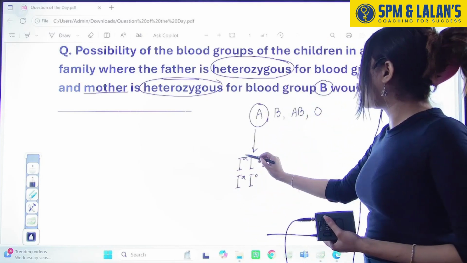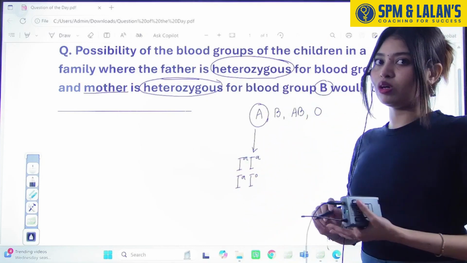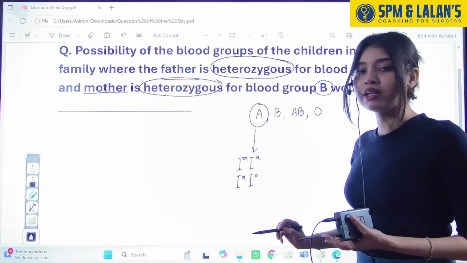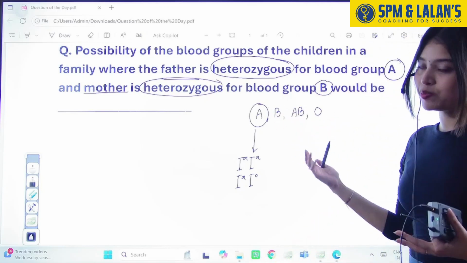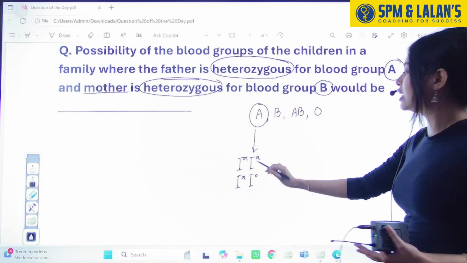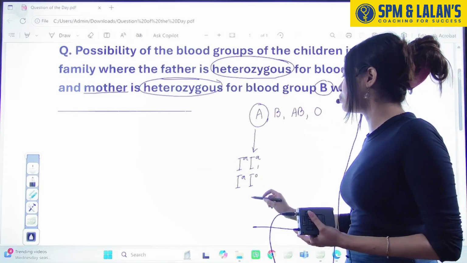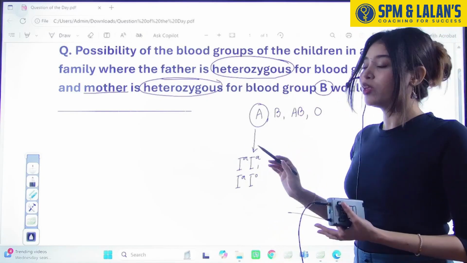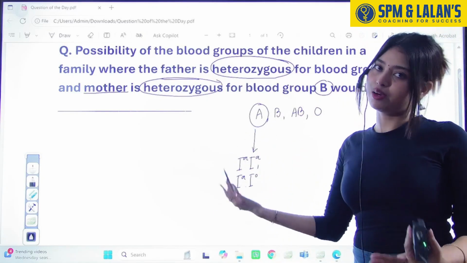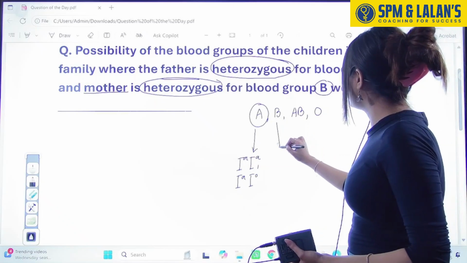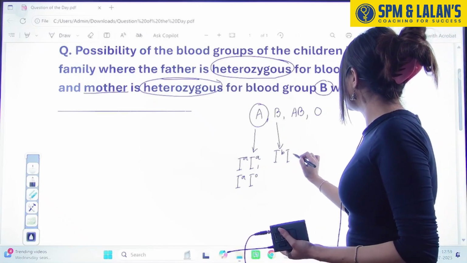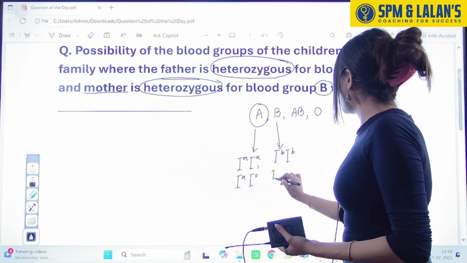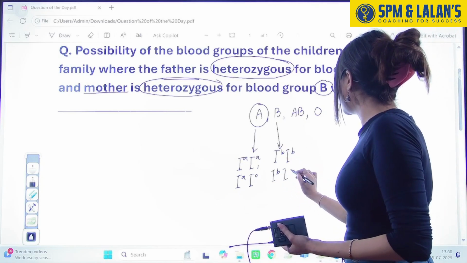So when IA is with IO, obviously IA is dominant whereas IO is recessive, so the blood group will be A. So for blood group A, there are two possibilities, two arrangements: either IA IA or IA IO. Similarly for blood group B, there are two possibilities: either IB IB or IB combined with IO.